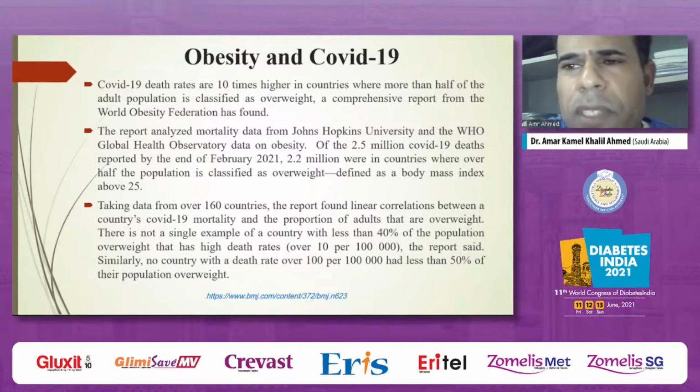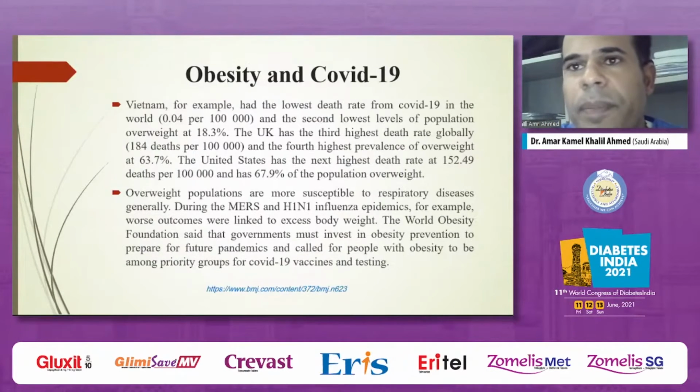Taking data from 160 countries, the report found a linear correlation between countries' COVID-19 mortality and the proportion of adults who were overweight. There is not a single example of a country with less than 40% of the population overweight.